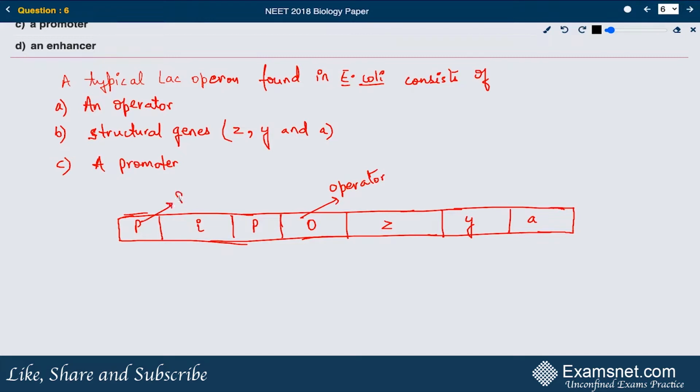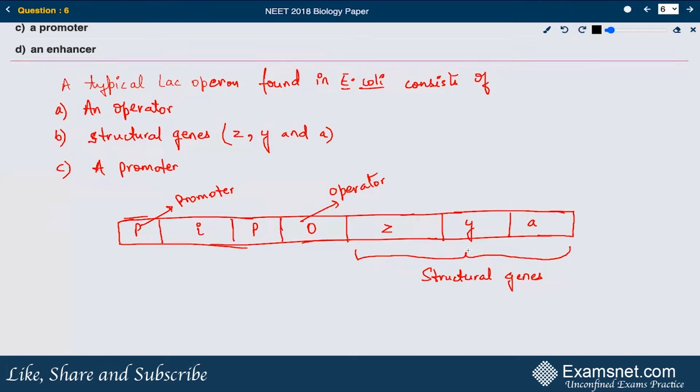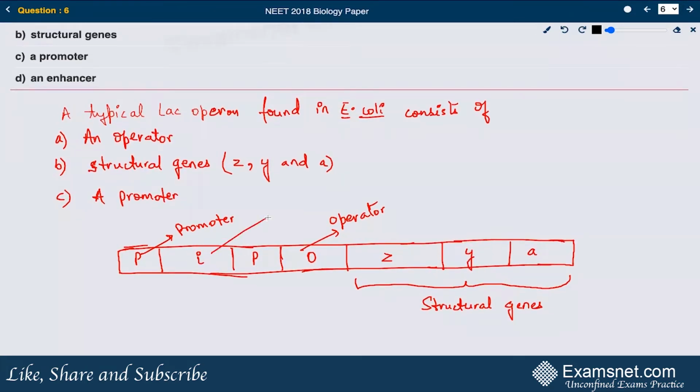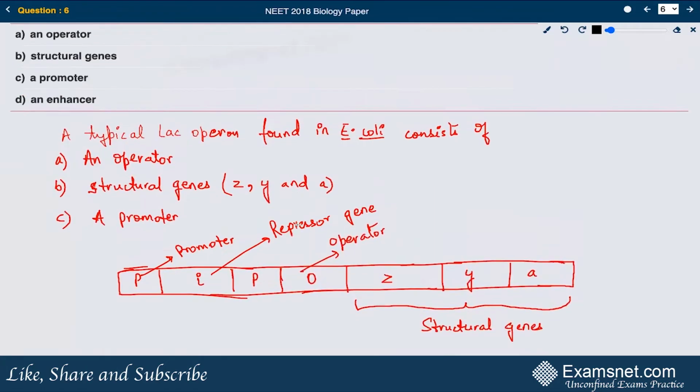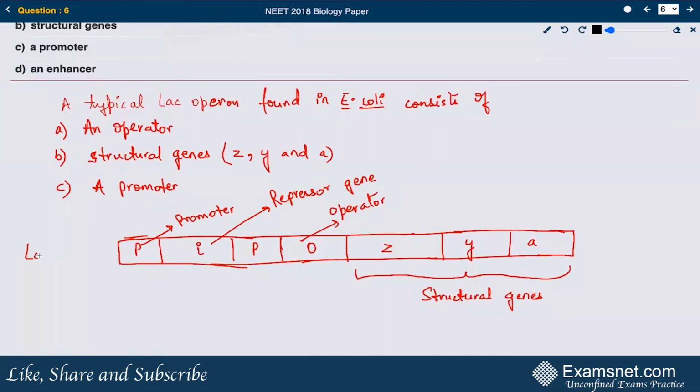This one is the promoter, and these are structural genes. And this is basically the repressor gene. All right, so this is a typical lac operon that I have drawn.